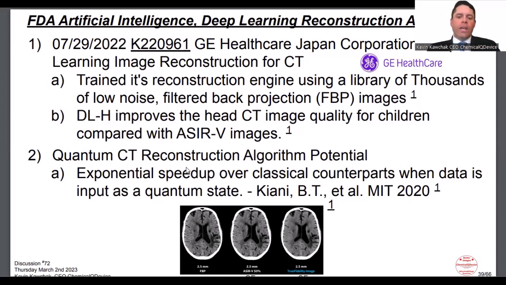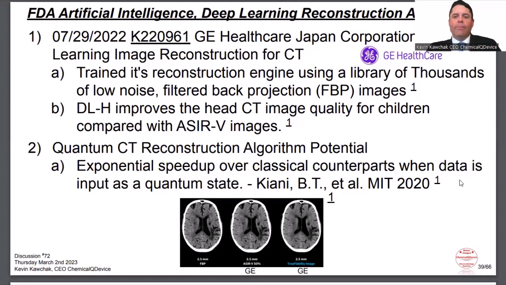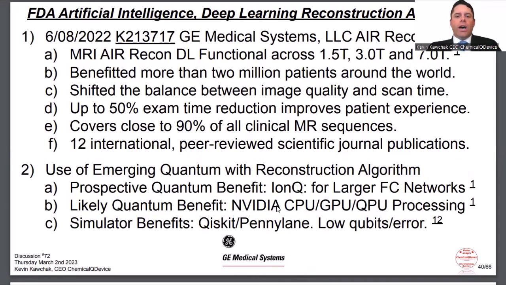So it just depends. The more quantum that you're off with data and algorithms, the better chance you have for advantage. So the next one is another GE, but this is the only MRI DL that the PRISMA study yielded, and for reconstruction.